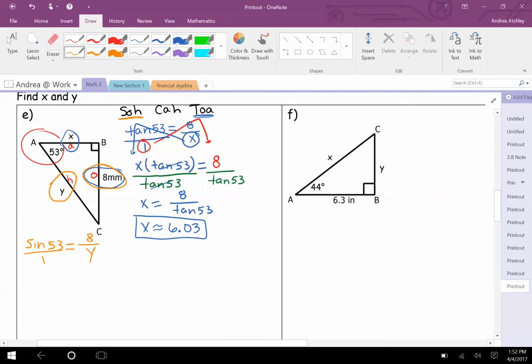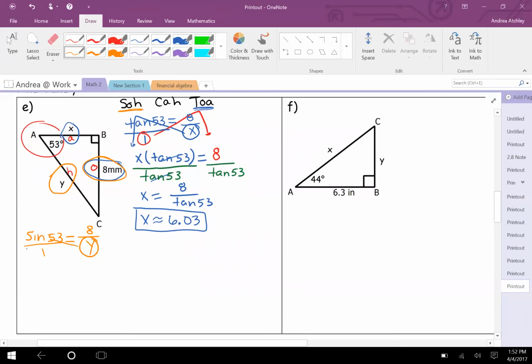And then cross multiply. So y times the sine of 53 equals 1 times 8, which was 8. Then we want to divide.